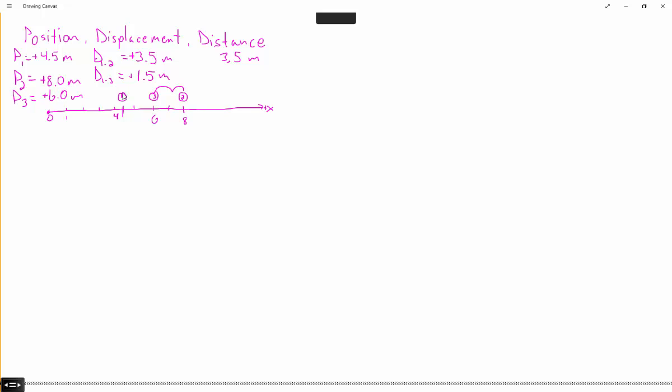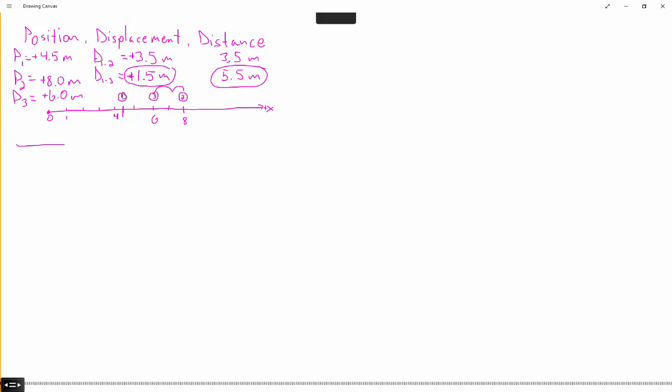So we would get a distance of 5.5 meters. So you can see that the distance and the displacement are not necessarily going to be the same. And displacement is a vector quantity, whereas distance is not. It's a scalar. So those are the basic differences between position, displacement, and distance.